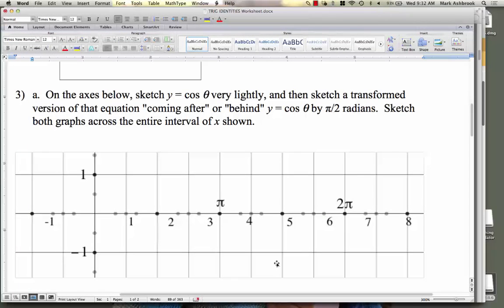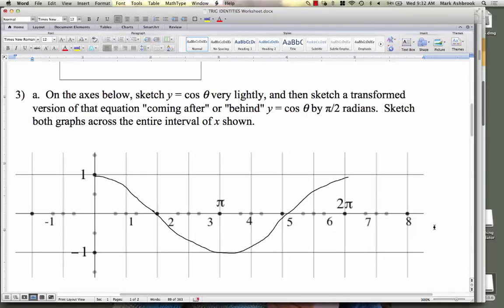Okay, so cosine starts at the min, midline, or max? Cosine starts at the max. Okay, at pi over 2, it's at 0. At pi, -1. So here's cosine.